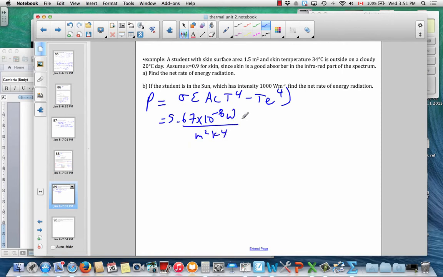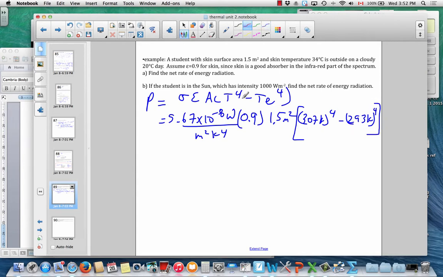That's the Stefan's constant. The emissivity of skin: skin is a very good absorber and emitter at infrared wavelengths, which is where thermal energy is mostly coming from. Now, the skin temperature is 34, so that's 307 Kelvin to the fourth power. And then the environment's 20, so that's 293 Kelvin to the power of 4.